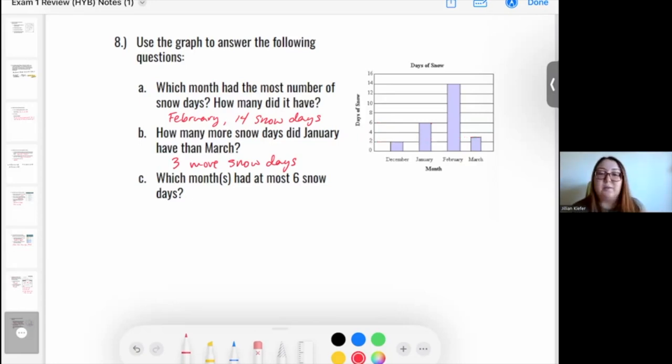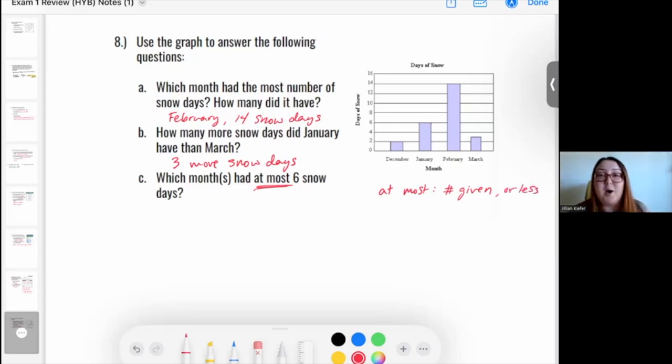And lastly, which months, so can be one or multiple, had at most 6 snow days. So it's an important distinction here that we have these words at most. At most means the number given, so for us, we have 6. It's the number given or less.